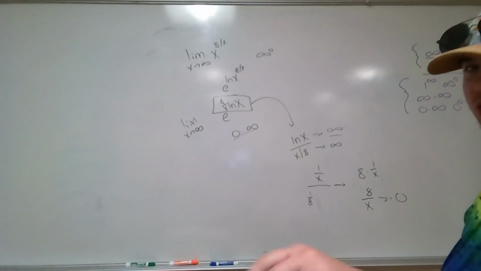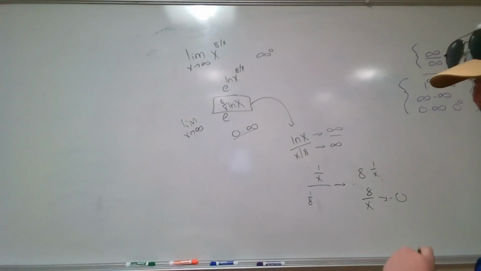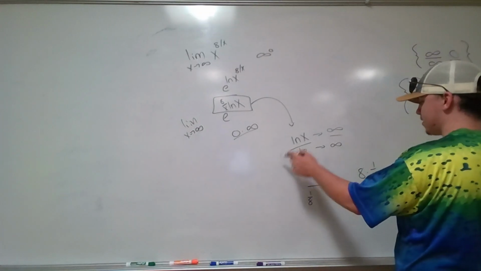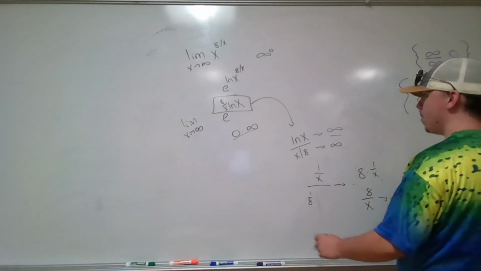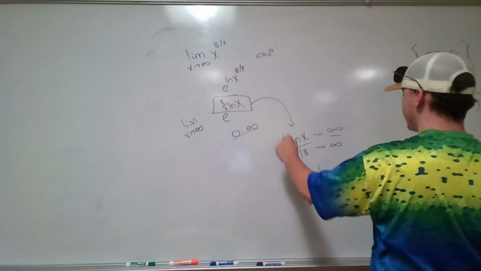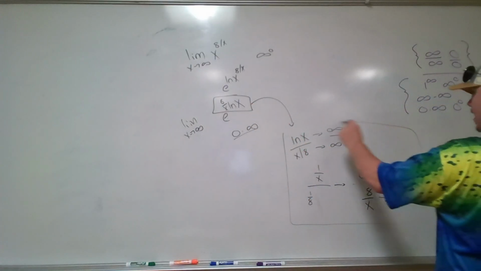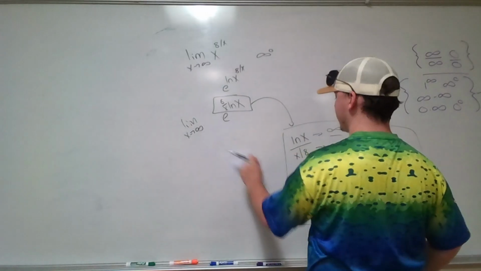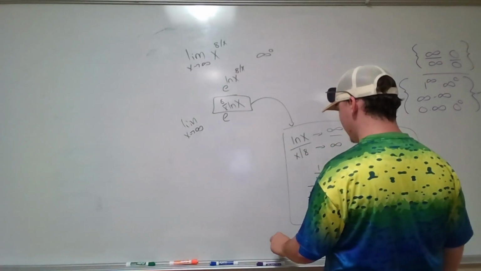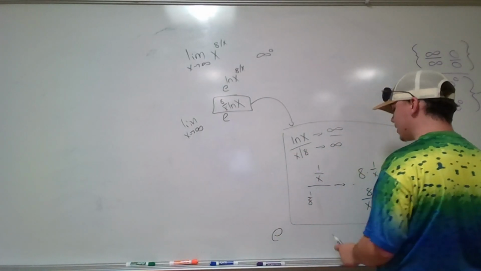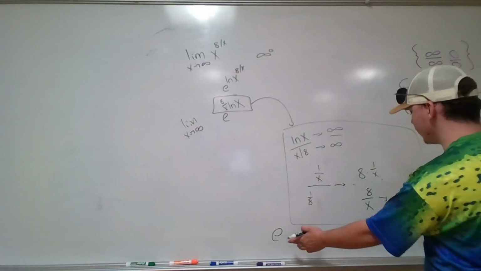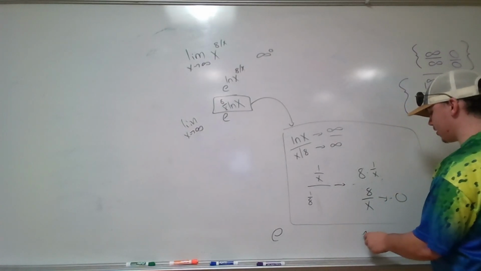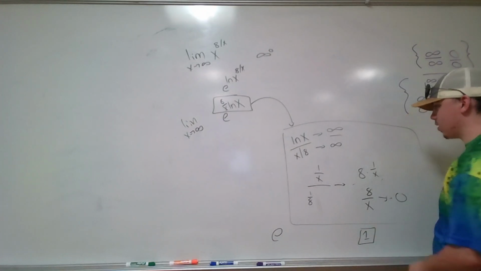Let's pause that. Okay, 15 seconds later, and I have my issue. It's because this turned into this, which turned into this, but this is inside a box, and that box is on top of e. So all of this is e to the power of the number in the box. So e to the power of 0 is going to be 1. That is the answer. So what was my error?